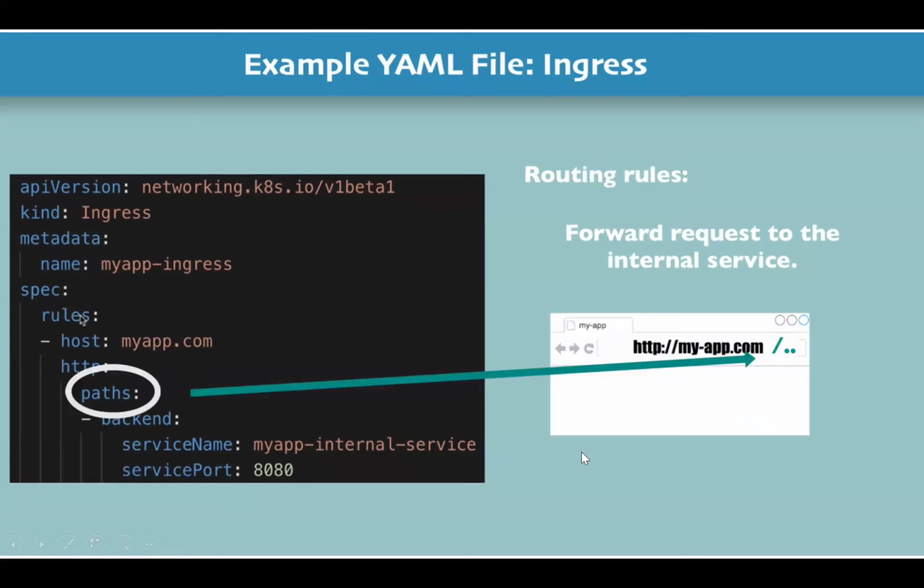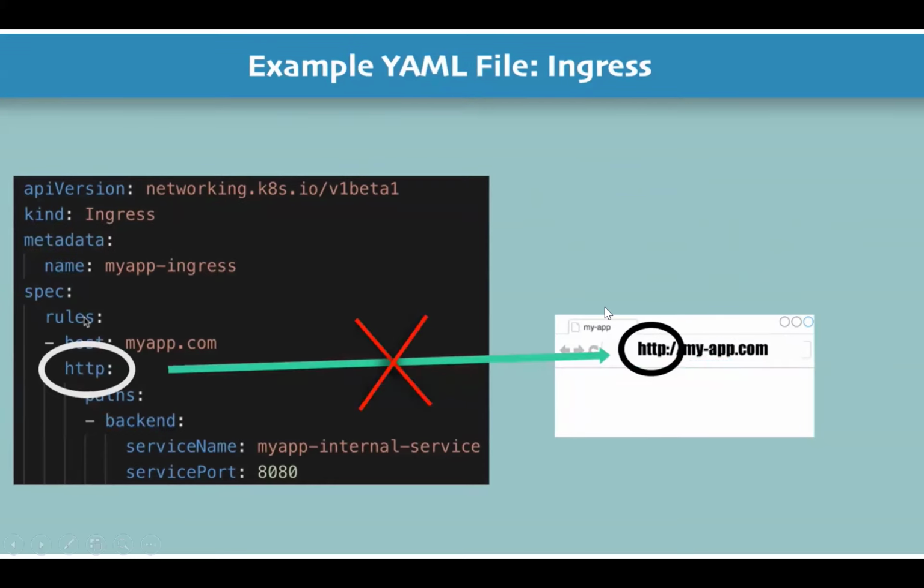Further, in this path, if you open any application, you will get a slash and a lot of things, because you generally do not get only app.com. You get a slash and gibberish things, and that is basically redirected to the service.